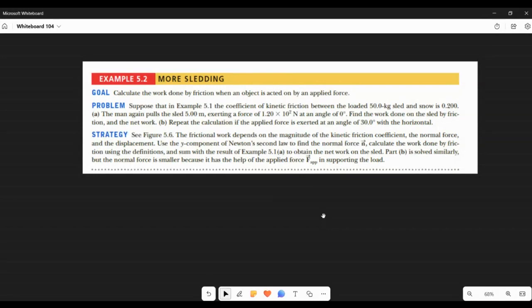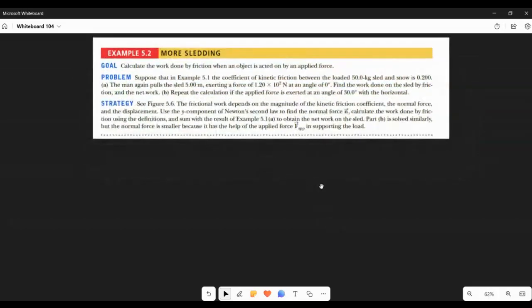And then A, the man again pulls the sled for 5 meters, exerting a force of 120 newtons at an angle of 0. Find the work done on the sled by friction and the net work. Repeat the calculation if the force is exerted at 30 degrees. So it's the same, but now they want the work done by friction on its own.